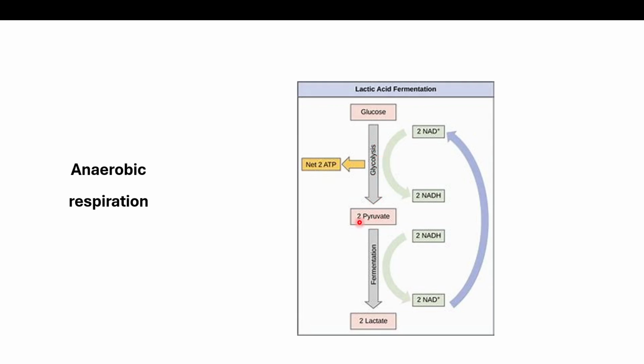However, this pyruvic acid is fermented to lactic acid, and you eventually have a net gain of only 2 ATP molecules and 2 lactate molecules.